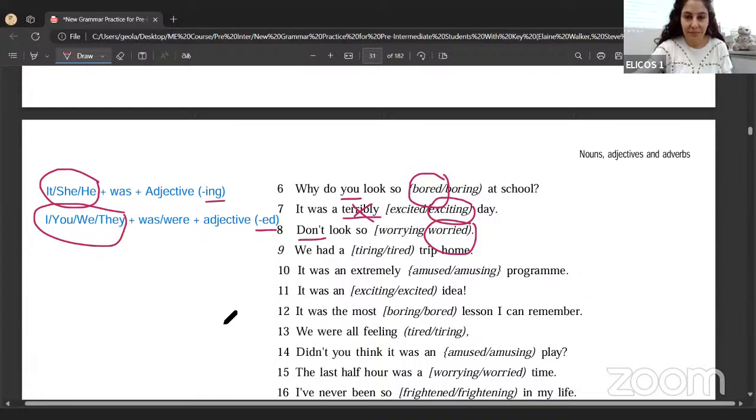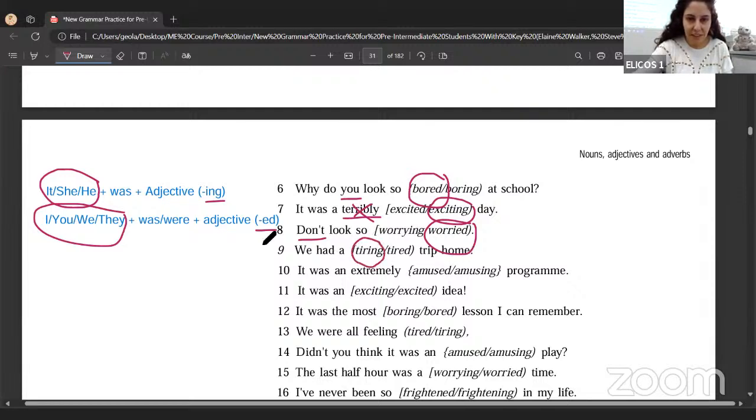We had a tiring trip home. Now the thing is, yes, it goes here. We had a tiring trip home.